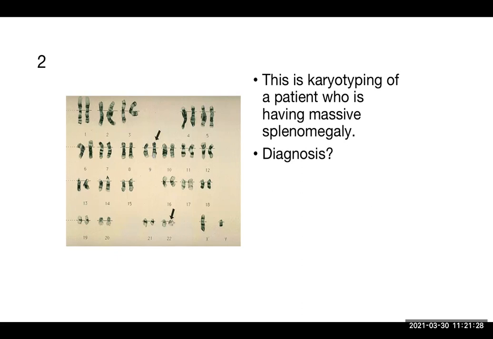Some material from chromosome number 22 will move and attach onto chromosome number 9, and chromosome number 22 will look shorter than normal, and this is called the Philadelphia chromosome. This Philadelphia chromosome can be present in many other conditions, but the most important one, always remember this, whenever your teacher asks, the first diagnosis is chronic myeloid leukemia, CML.